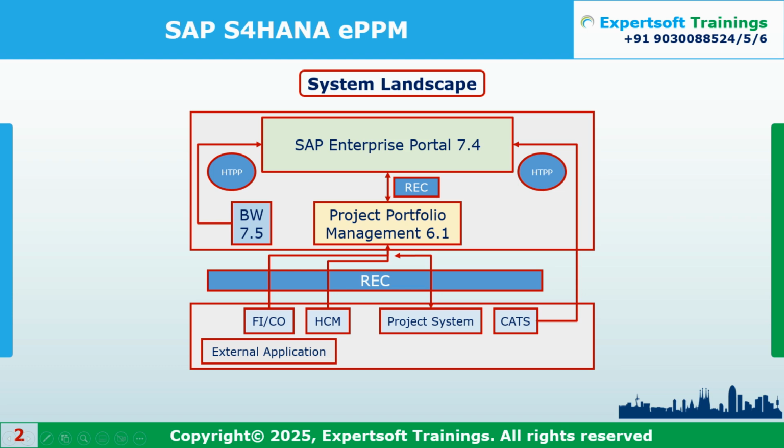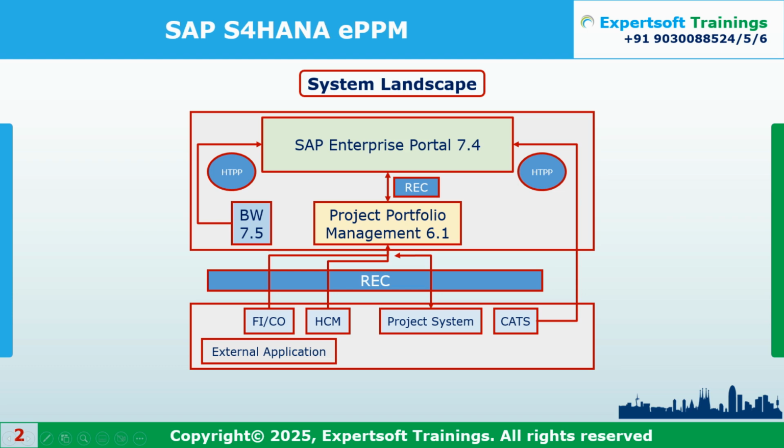This tool has a privilege: it provides all this integration. Suppose you're creating a portfolio, and under that you're creating some initiatives or projects, and under that you are doing all sorts of planning. Suppose you need 10 resources. The request for those resources will go to your HR team.